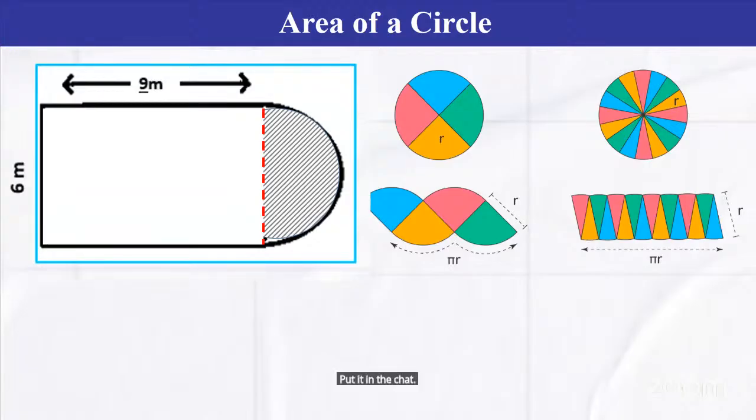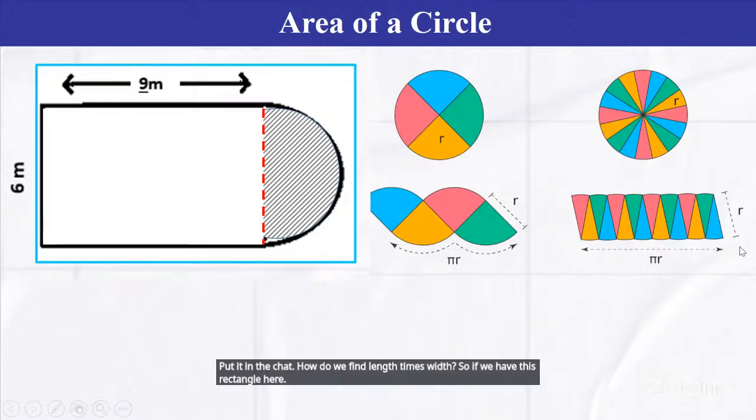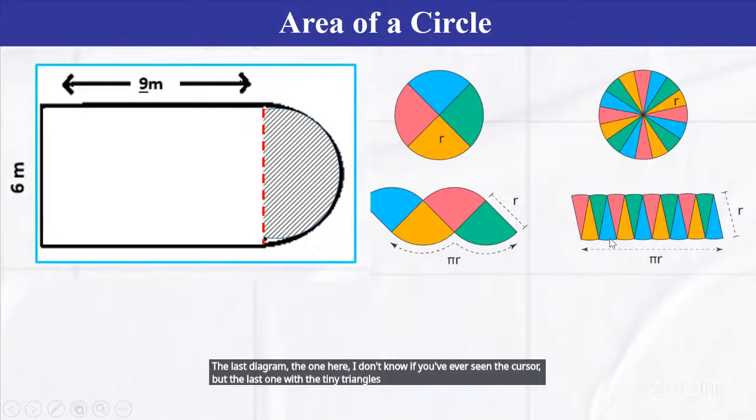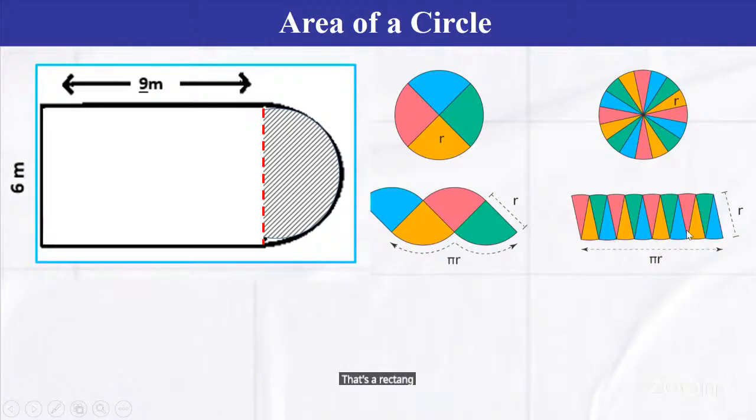How do we find length times width? If we have this rectangle here, the last diagram down here with the tiny triangles, that's a rectangle. What is the length of this rectangle? Anybody?